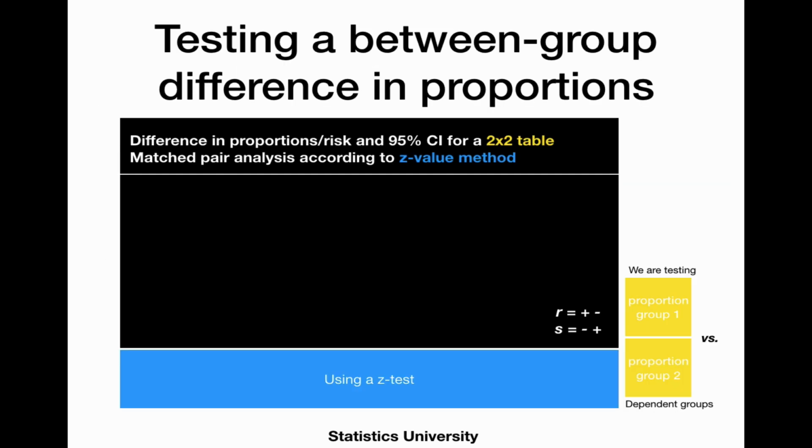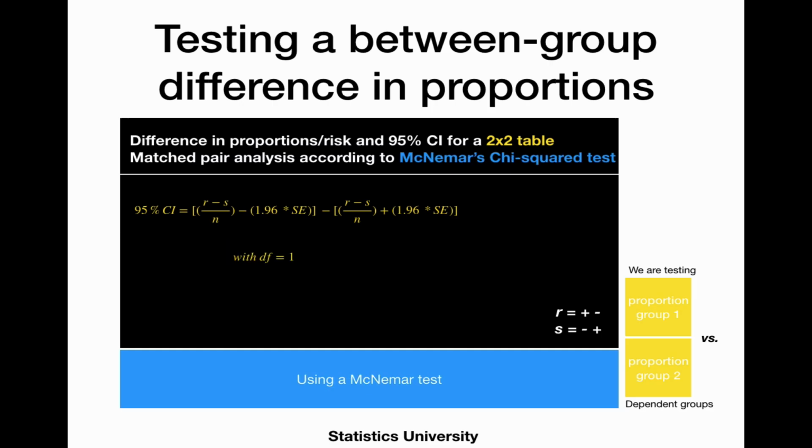And so with the Z-value method, we calculate a 95% confidence interval like this, and we can determine the Z-value with the following formula. But we can also use the McNemar's test to determine a chi-squared test statistic for paired analyses with the following formula.